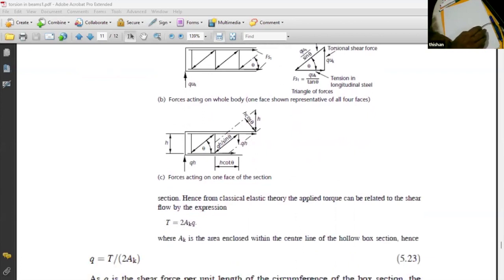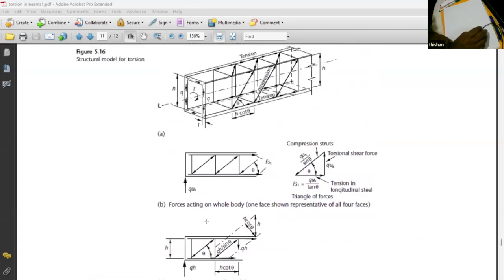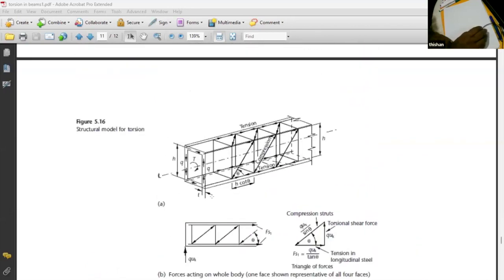And this is the equation we are trying to prove. T is equal to Ak q. If you look at this diagram, just have a good look at it, because I'm going to draw it again. I'm going to show you how to prove this equation, right?